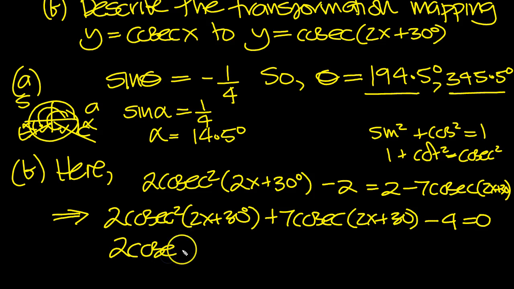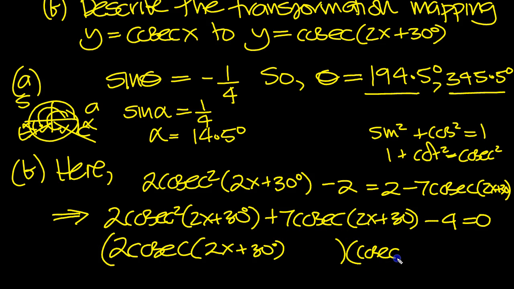So let's write it: 2 cosec and cosec. So we've got those in. What does it have to be? Factors of 4 and 1? Yeah, 4 goes here and the 1 goes here. Because that's a plus, we need a plus here and a minus there, and that equals 0, doesn't it?